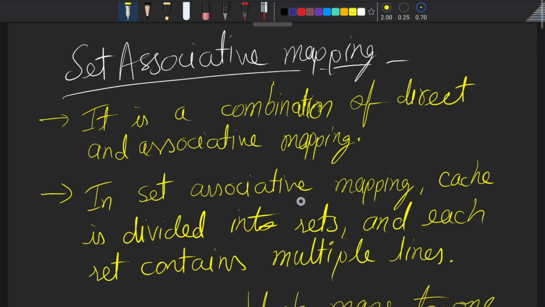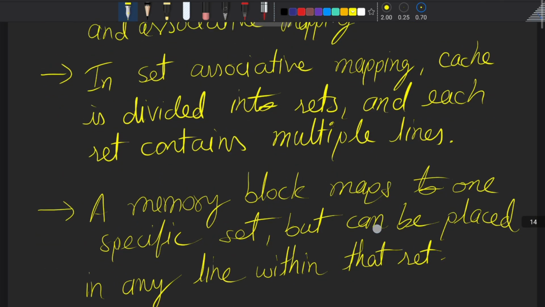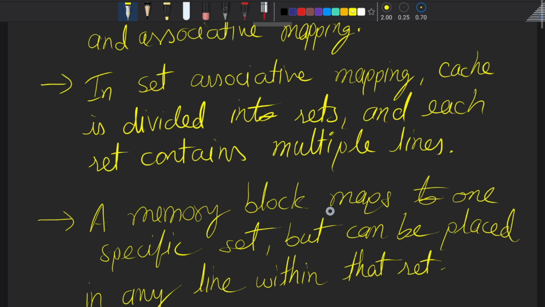In set associative mapping, the cache is divided into sets, and each set contains multiple lines. A memory block maps to one specific set. If you can remember, in direct mapping, one memory block used to be mapped to one specific cache line.